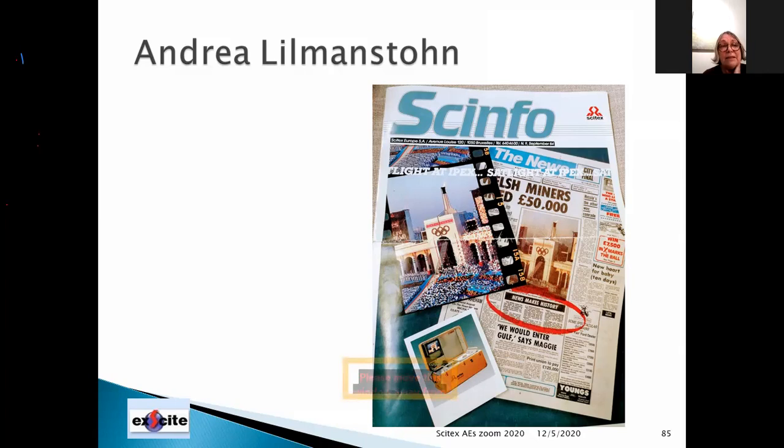He stayed in Scitex after I left Scitex after 12 years in 1995. He remained in Scitex, and he was with Scitex when it became Creo Scitex, and he was still with Scitex when it was taken over by Kodak.